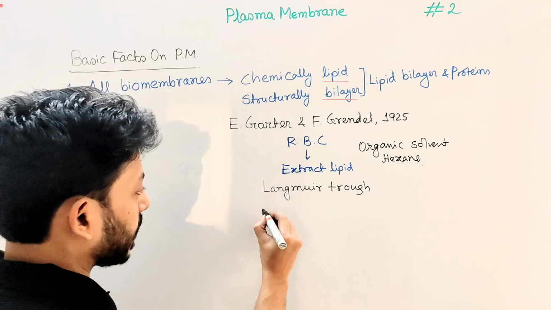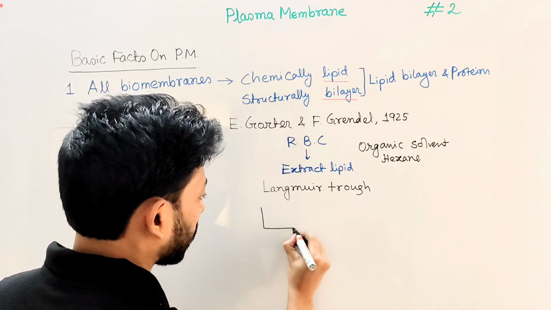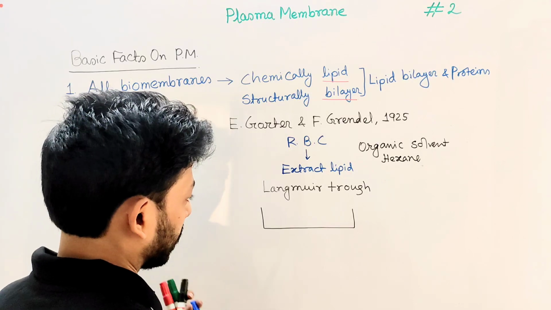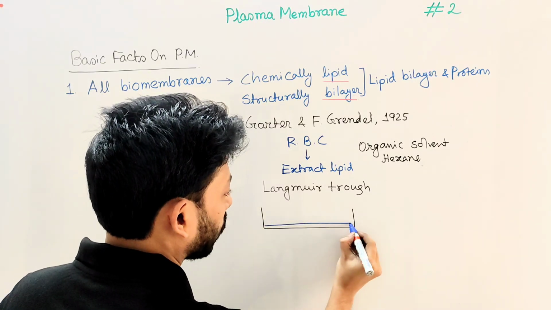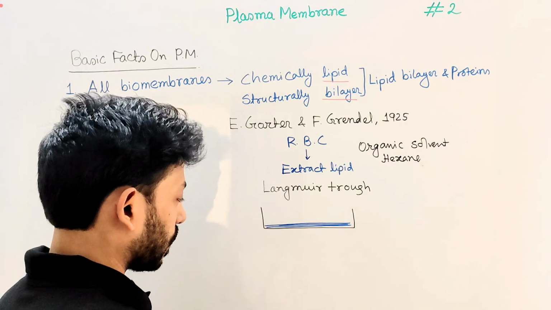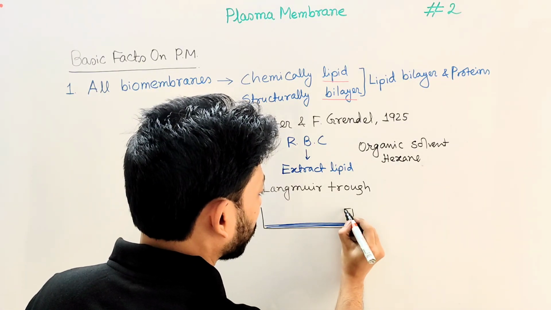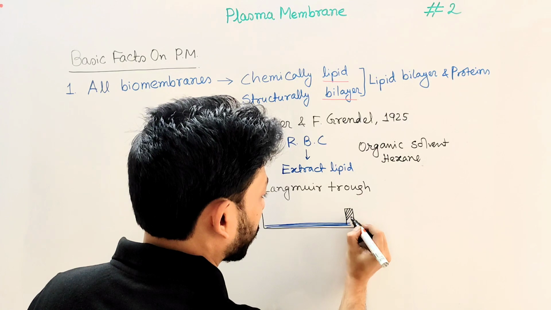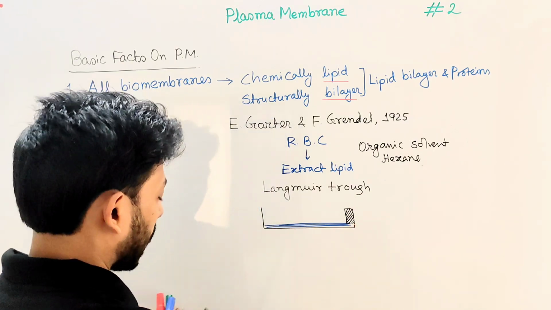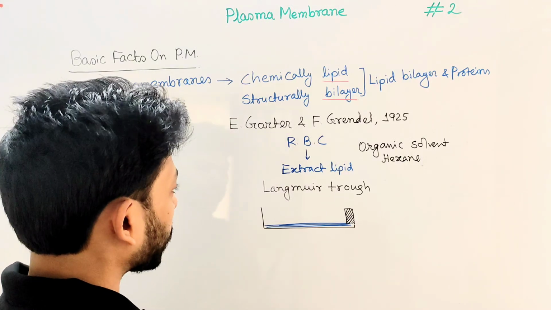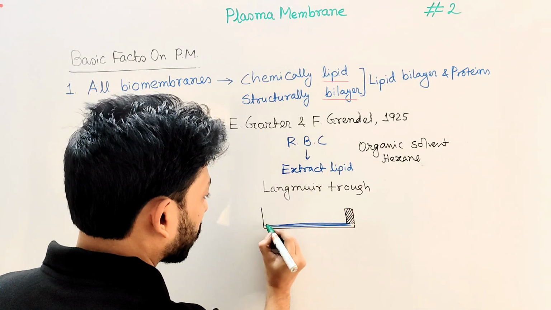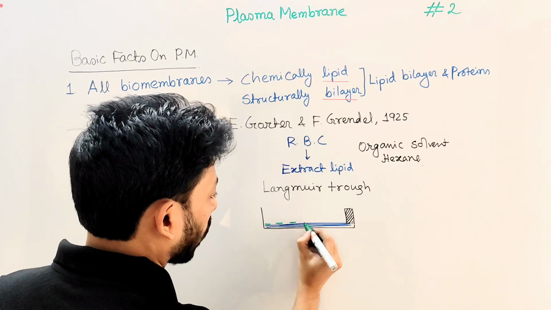The instrument looked like this. This instrument has water, and here is a movable barrier that can move. Now when they put these extracted lipids on the water, the lipids spread over the water.